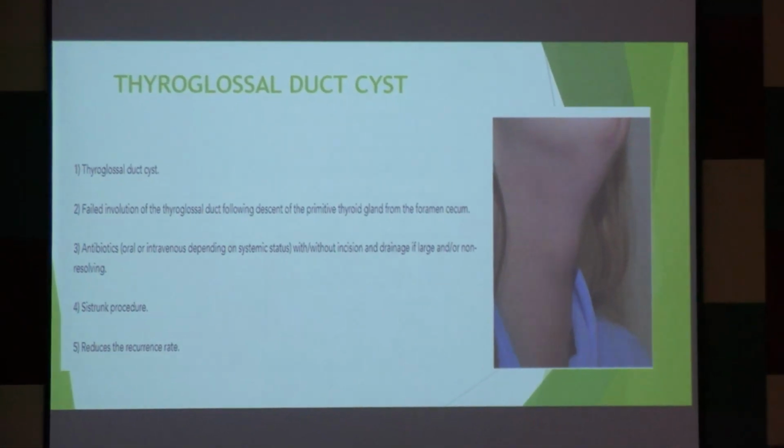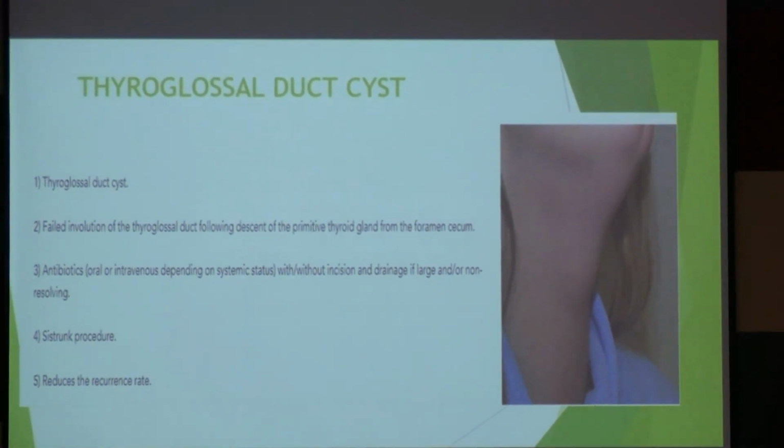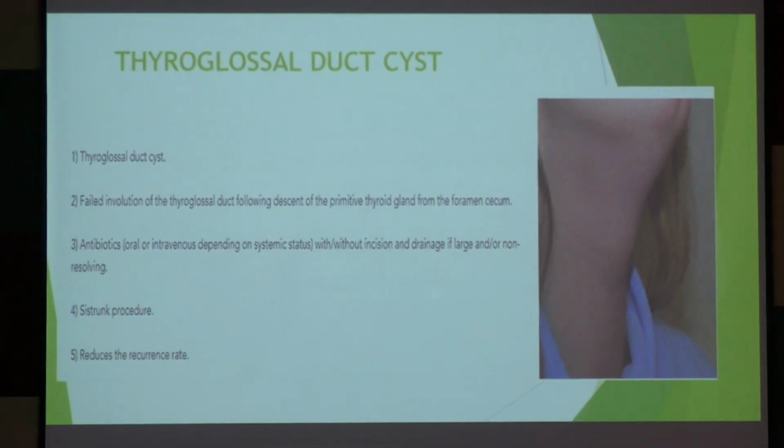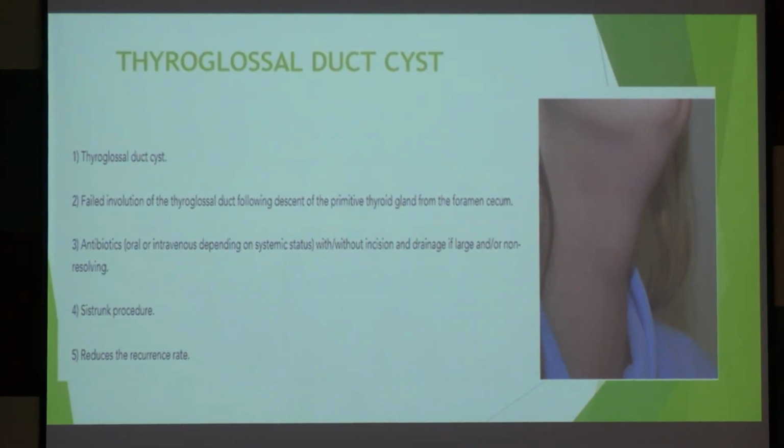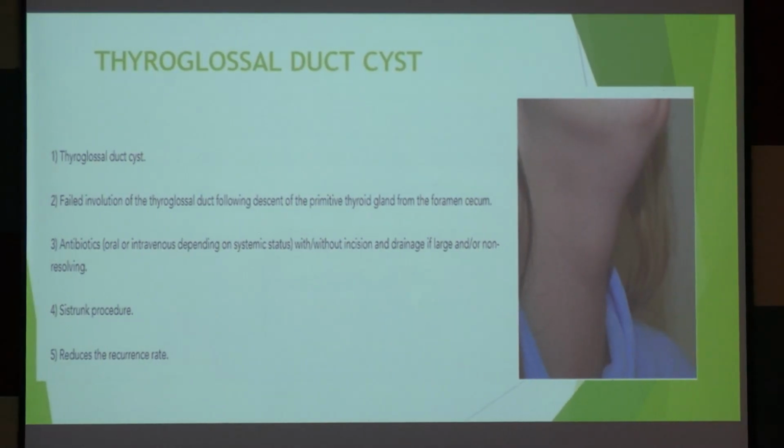Right. This is another thing, thyroglossal duct cyst. Any idea? Development of tongue, development of thyroid, you know. Thyroid is developed from what? It's not a pouch. Thyroid is an endocrine organ.